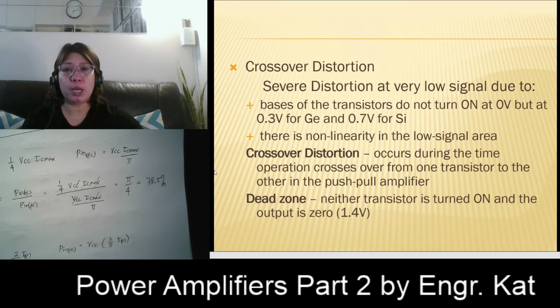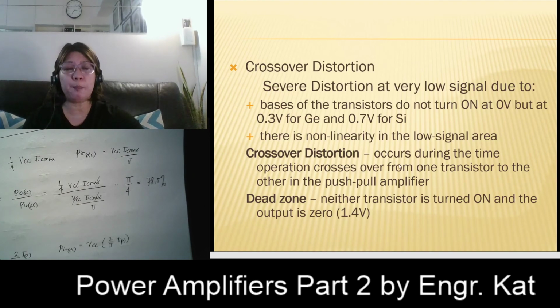Also, there is non-linearity in the low signal area of your transistor operating region. This crossover distortion occurs during the time the operation crosses over from one transistor to the other in a push-pull amplifier.